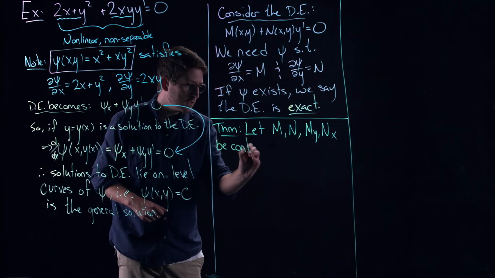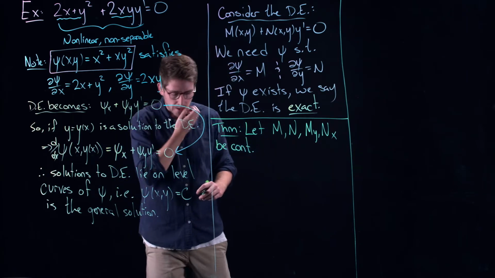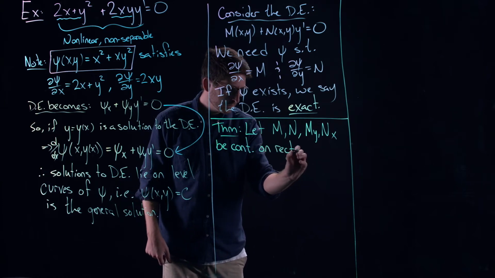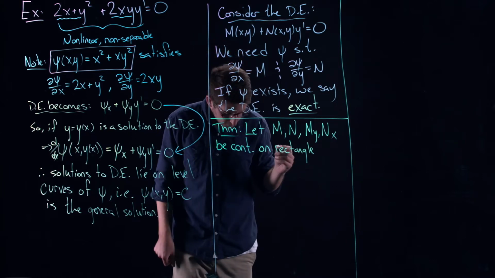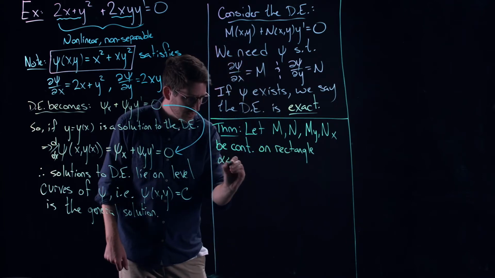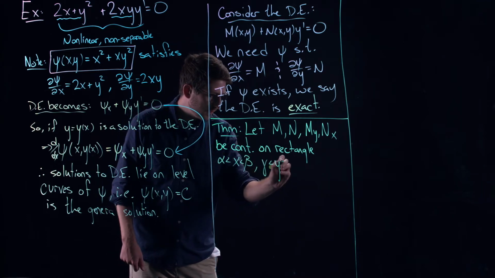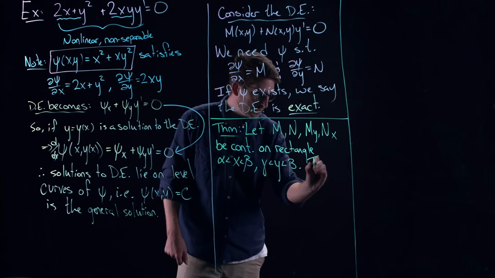Okay, so the same condition we've seen for existence and uniqueness over and over and over again, continuity, on the rectangle. So same thing, they depend on x and y. I need a rectangle. Let's use exactly the same notation. So gamma less than y less than beta. Okay, then what can we say?